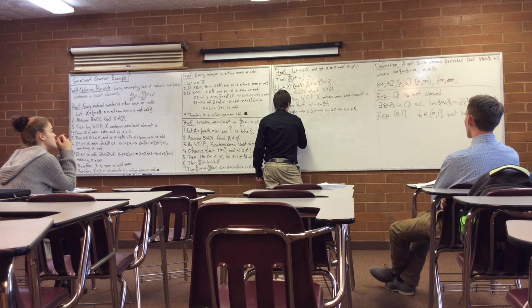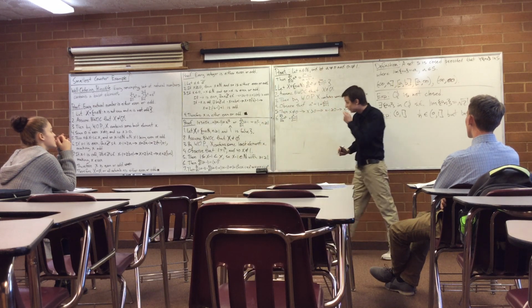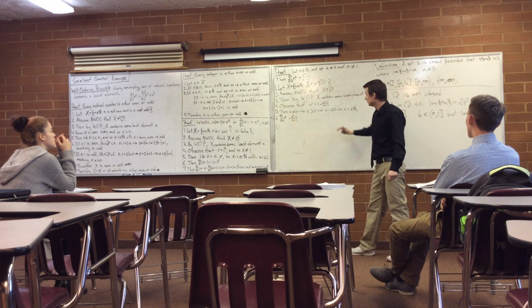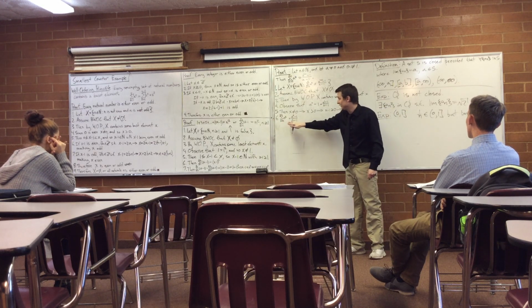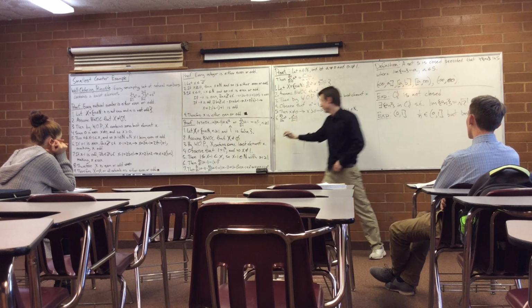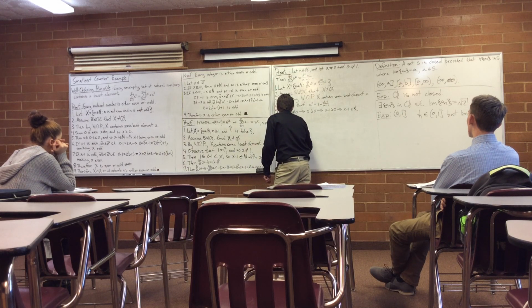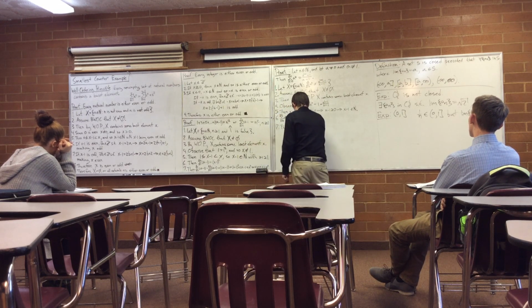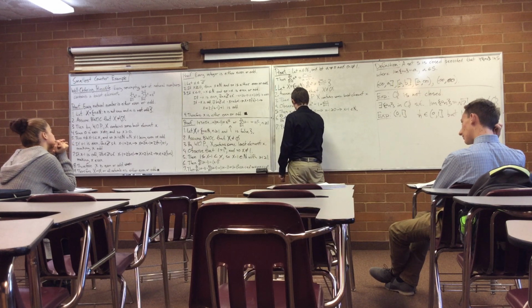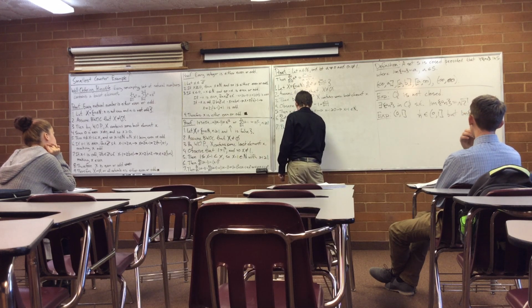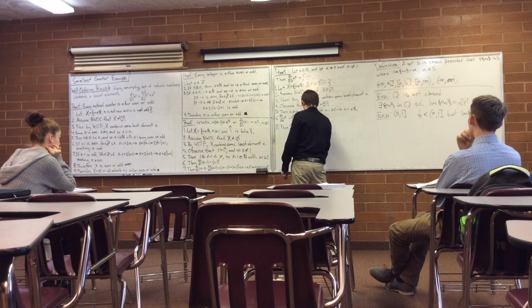They're all going to be very similar every time you prove it. Then the sum from k equals 0 to x of a to the k is equal to the sum from k equals 0 to x minus 1 of a to the k, plus a to the x.